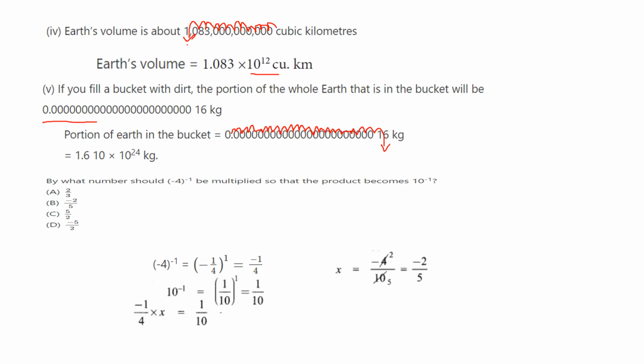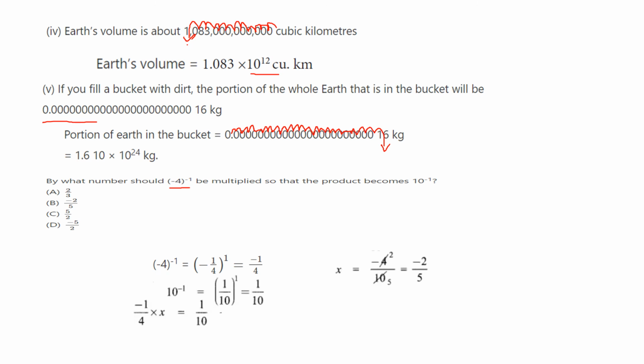Next one, by what number should minus 4 to the power minus 1 be multiplied so that the product becomes 10 to the power minus 1? So minus 4 to the power minus 1, we can write it as 1 by minus 4, that is minus 1 by 4. So 10 to the power minus 1 means what? 1 by 10.